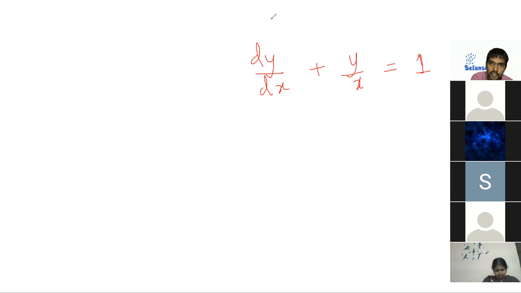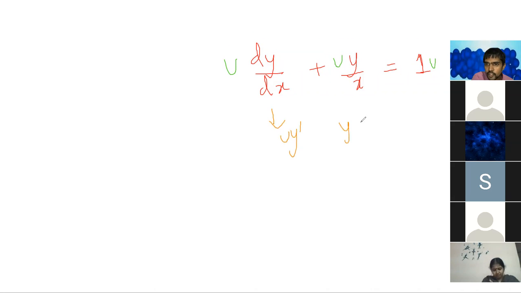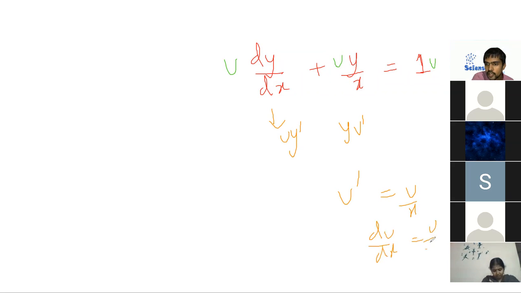So what I'm saying is I multiply both sides by u. So now this is u y dash. This is supposed to be y u dash. So I get u dash is equal to u by x. That is du by dx is equal to u by x.